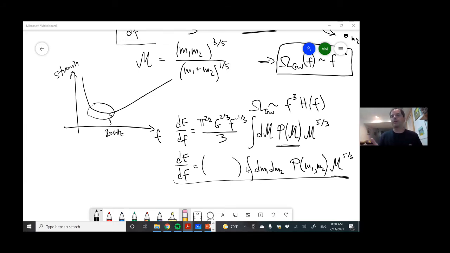We're integrating over the entire population in the universe, and based on the local rates of observed individual black hole and neutron star binaries, we expect that there will be, I think, a black hole binary merger every 15 minutes and a binary neutron star merger every minute or so, if I remember the numbers well.